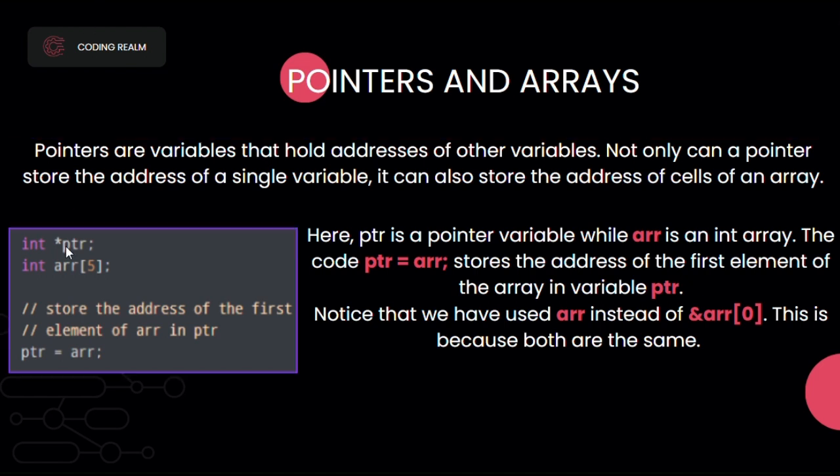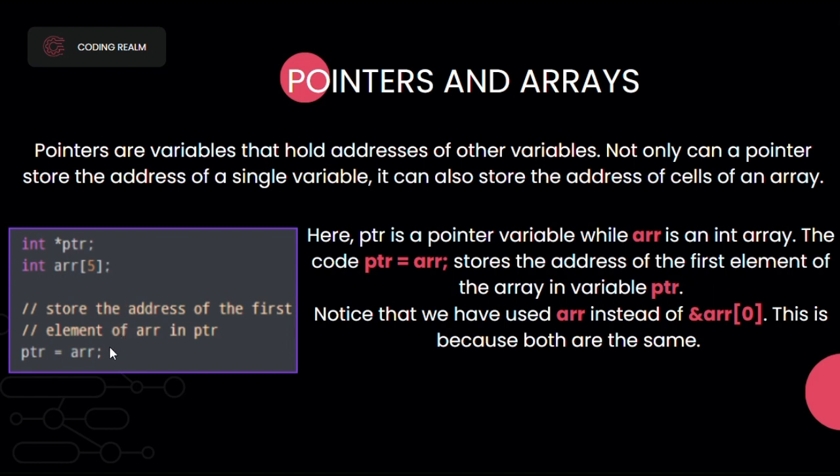Look at this example: int *ptr, int array[5]. It contains 5 elements. Store the address of the first element. The first element in this array has an index 0. It means array[0] is the first element of this array.